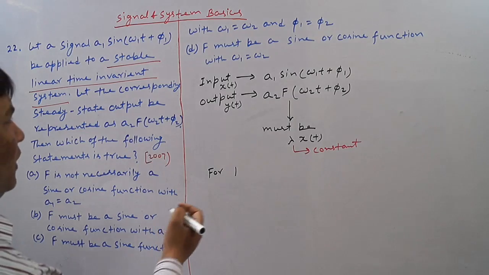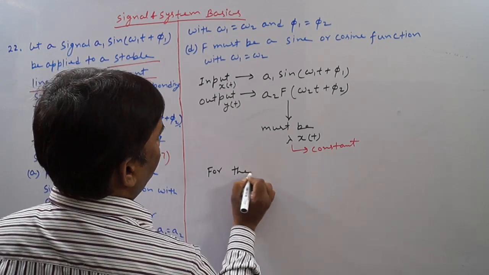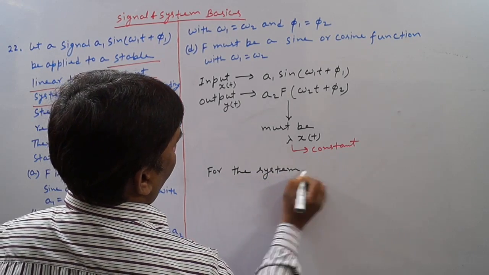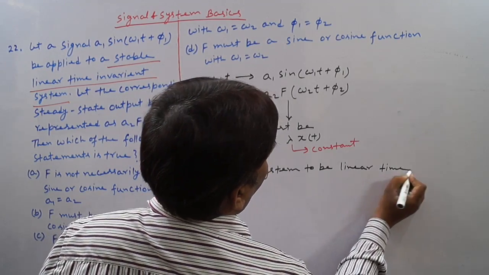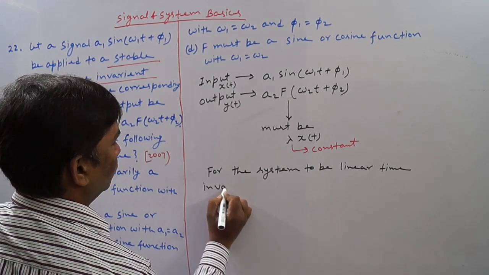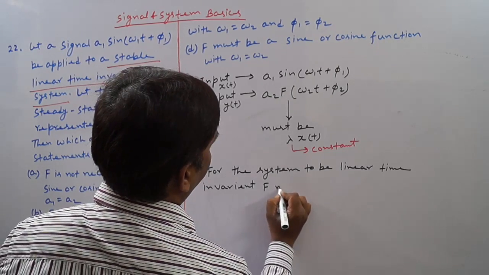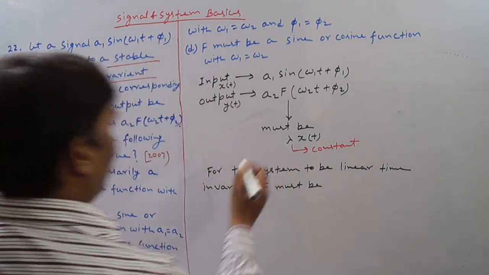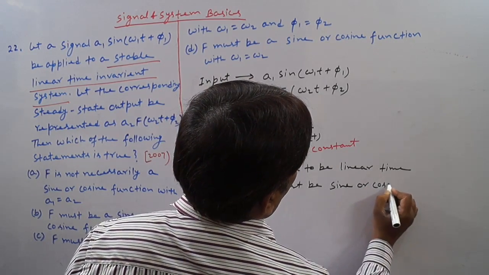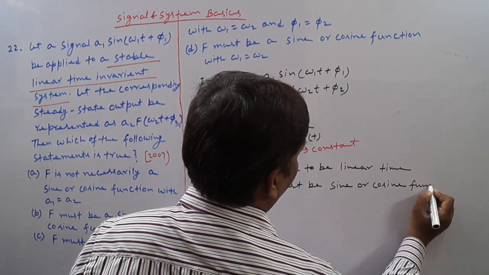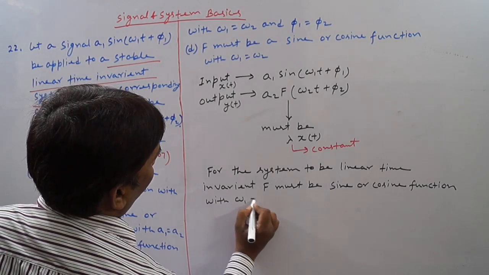So for the system to be linear time invariant, f must be a sinusoidal function, sine or cosine, with omega 1 equal to omega 2.